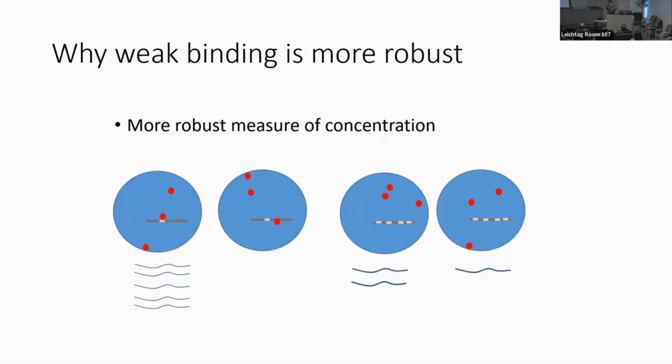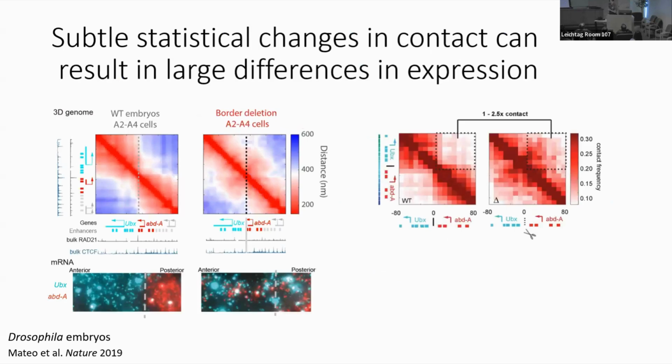And I'll skip this piece and say, I think that's particularly important for explaining some of our earlier biological results, which is we can see nice TADs like you see on the right. When you disrupt that TAD border, we can make these beautiful binary changes in gene expression. But if you ask on a cell-by-cell basis what the difference in contact frequency is, we often have a 1.5-fold, 2-fold difference in contact frequency, yielding like a 10-fold difference in gene expression.